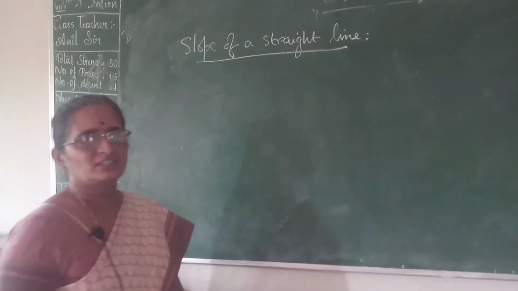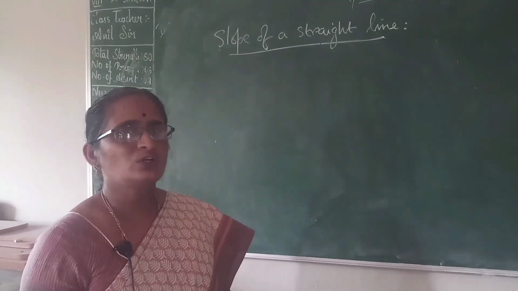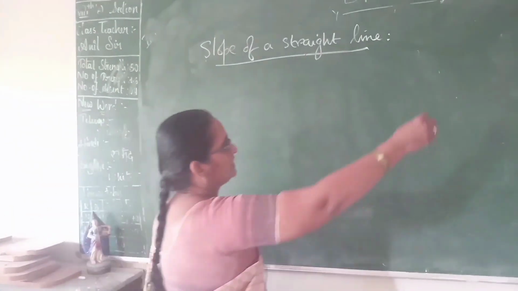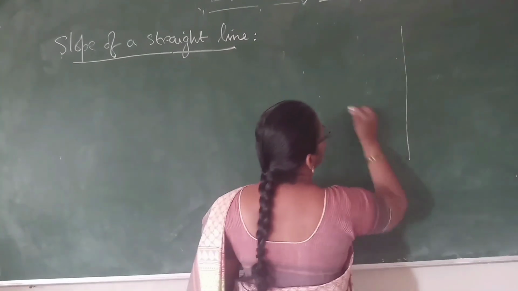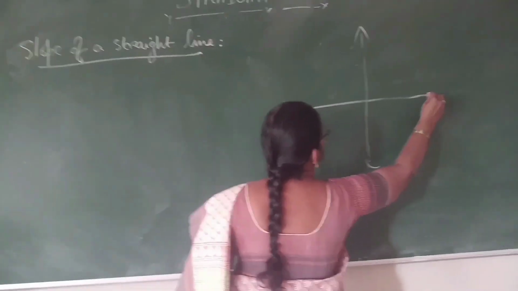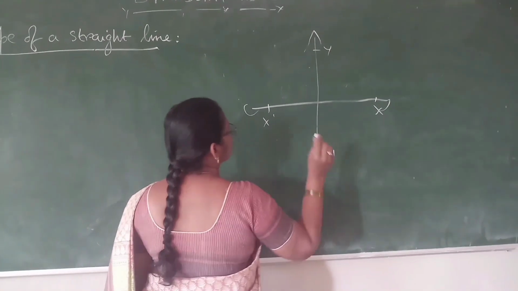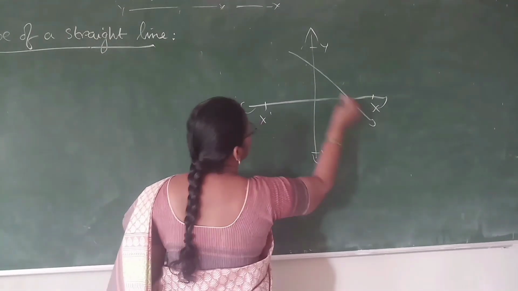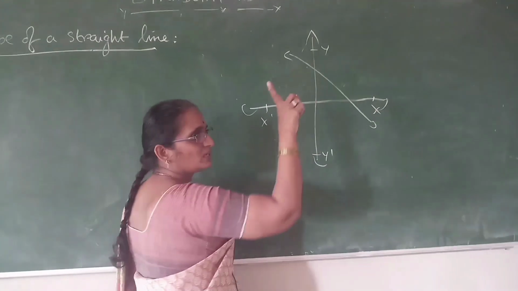Already in 10th class you have learned this particular concept of slope in coordinate geometry. So actually what is the meaning of a slope? When we consider this axis, and there any straight line, this is a non-vertical straight line, means this straight line is not vertical.